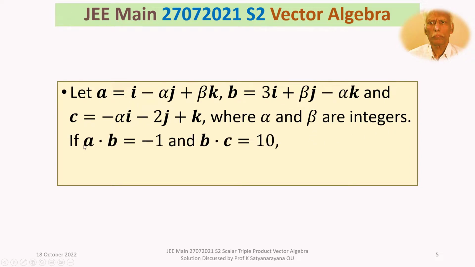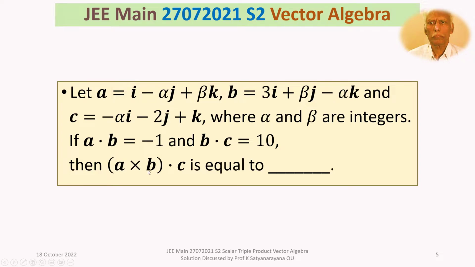If the vector A dot the vector B is equal to minus 1 and the vector B dot the vector C is equal to 10, then (A cross B) dot C is equal to what?